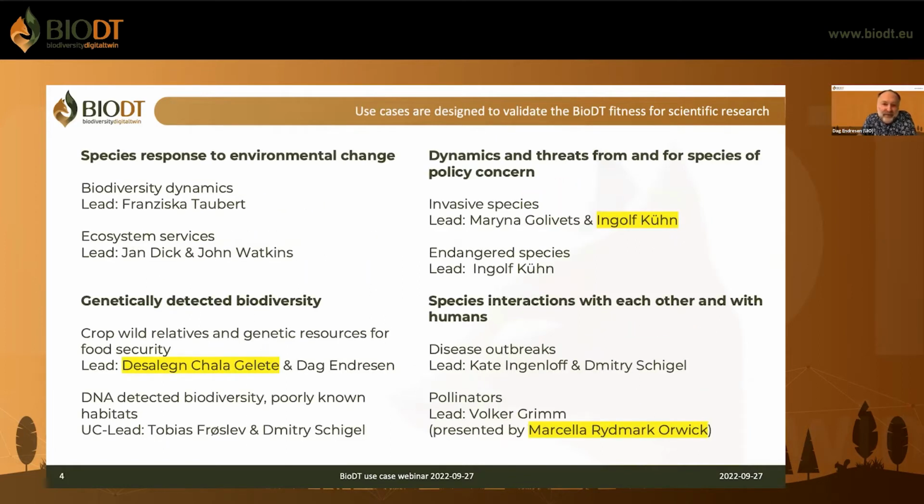And today we'll hear from one of the use cases under the genetically detected biodiversity, one under the species of policy concern, the invasive species, and then the use case we have on pollinators. So we will start by hearing from Desalegn Chala.